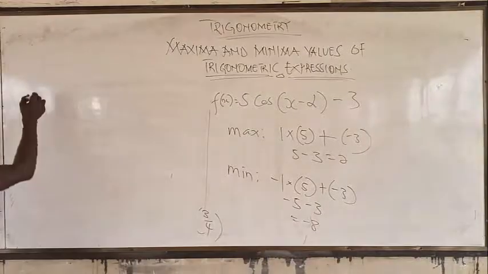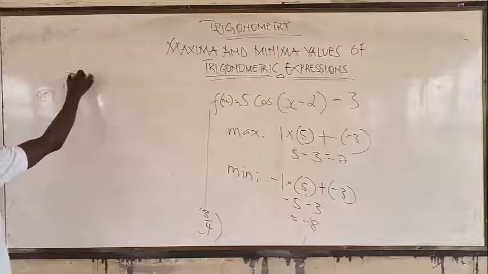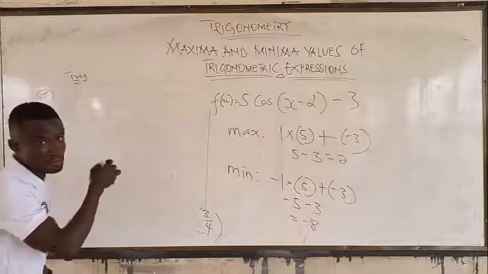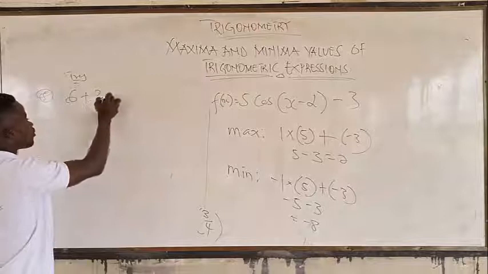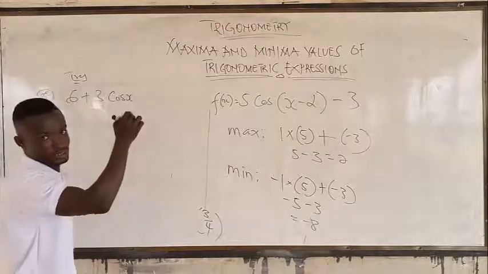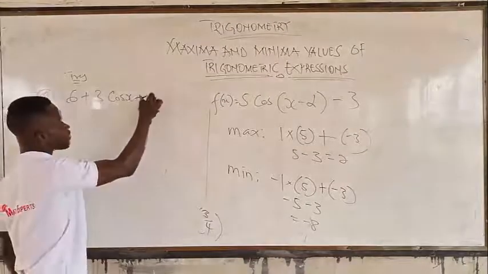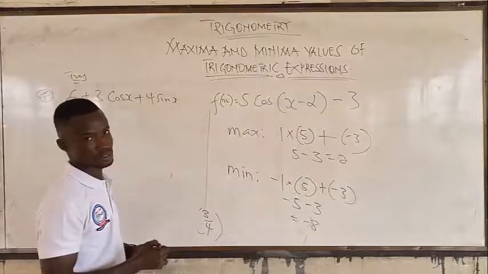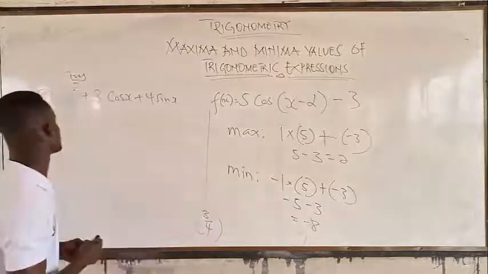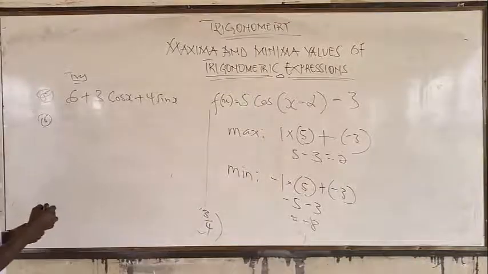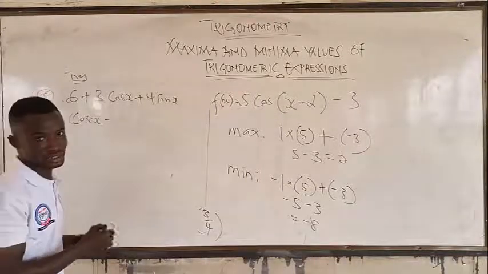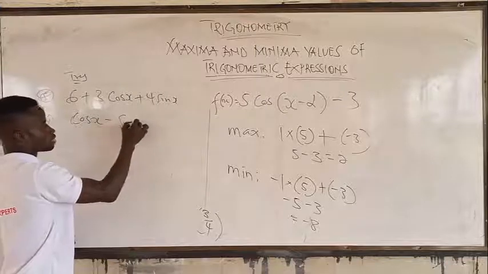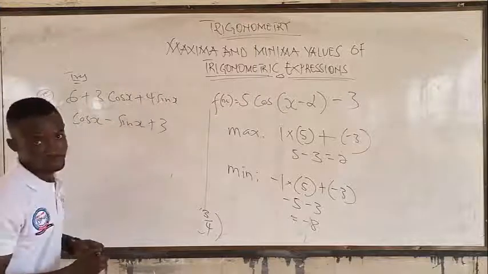Now, continue for this. Try 6 plus 3 cos x plus 4 sin x. Then 6 cos x minus sin x plus 3.